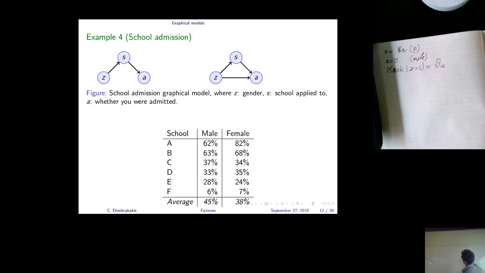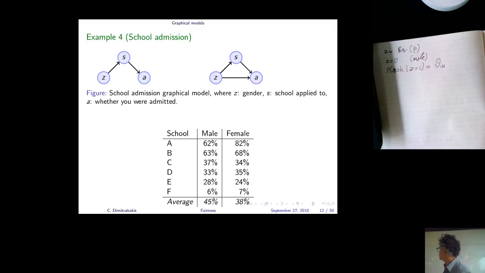Now this has the property that for every possible value of I, now we have 6 Ks, this has to sum to 1. Because the probabilities of every one of these schools for every gender has to be equal to 1 when you sum them up.